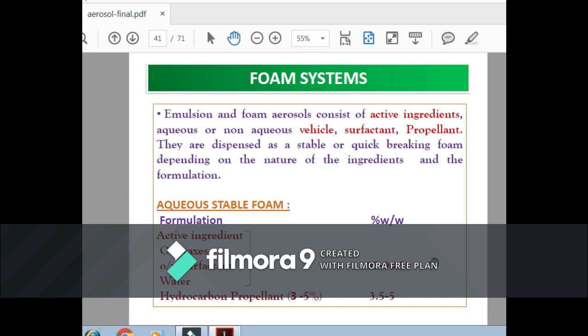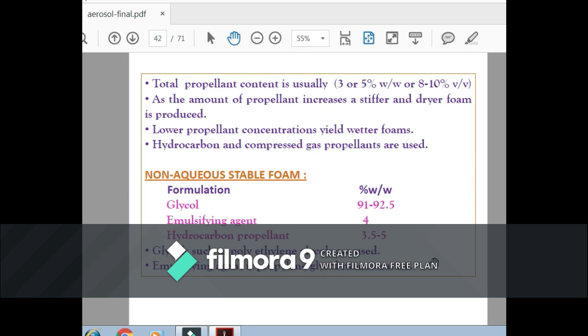So it is also a three-phase system. Generally we have to take your active ingredient, your surfactant as well as the propellant, and then add them into the container. Examples of non-aqueous systems are glycerol, emulsifying agent and hydrocarbon propellant.